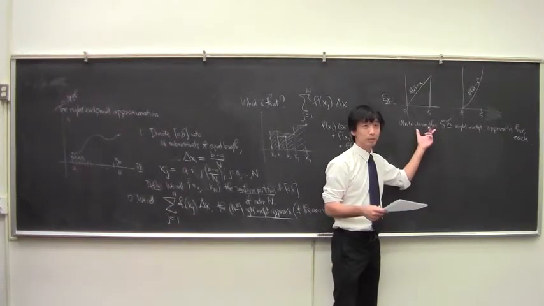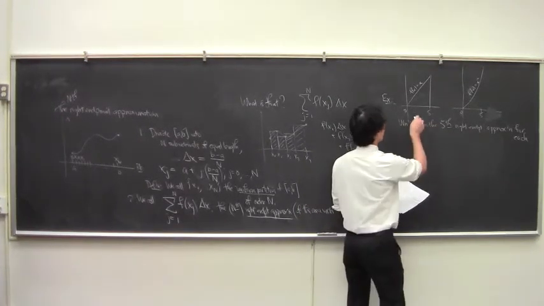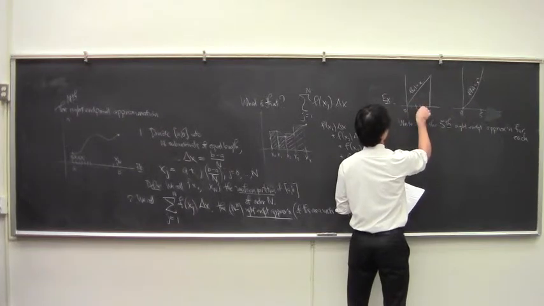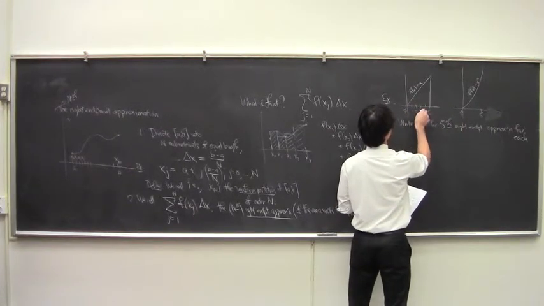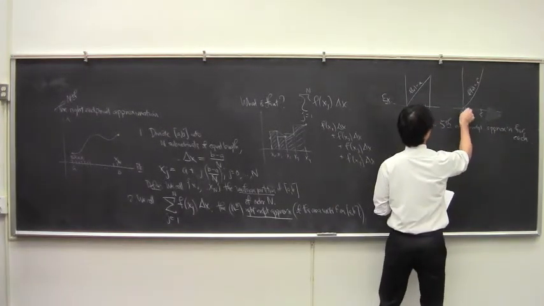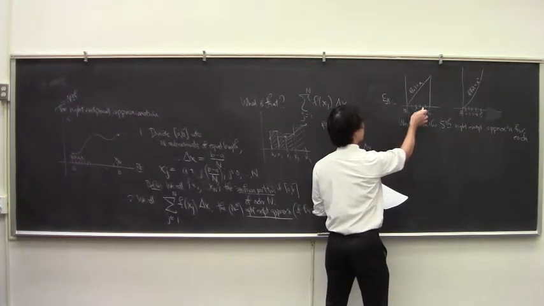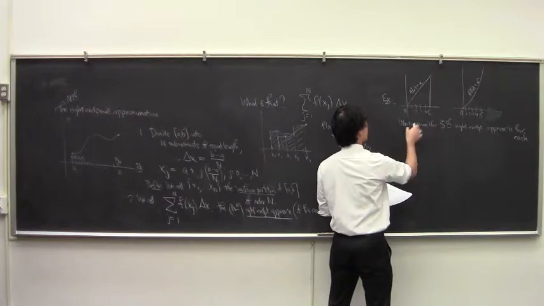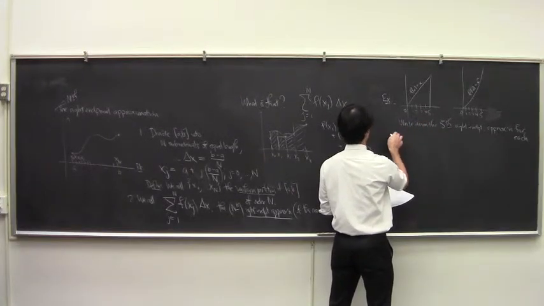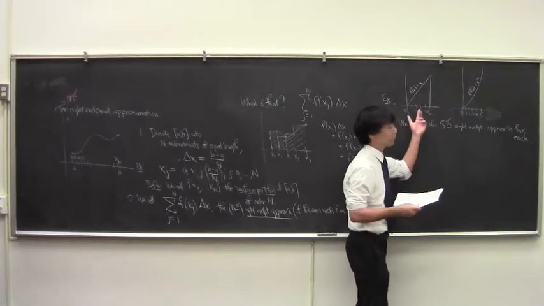Okay, so what do you do? You take this interval and divide it into 5: 1, 2, 3, 4, 5. And so what's the sum going to be? What am I going to write down as the fifth right endpoint approximation?